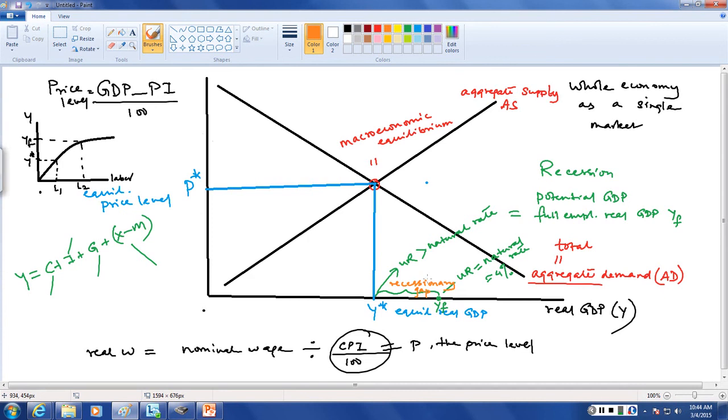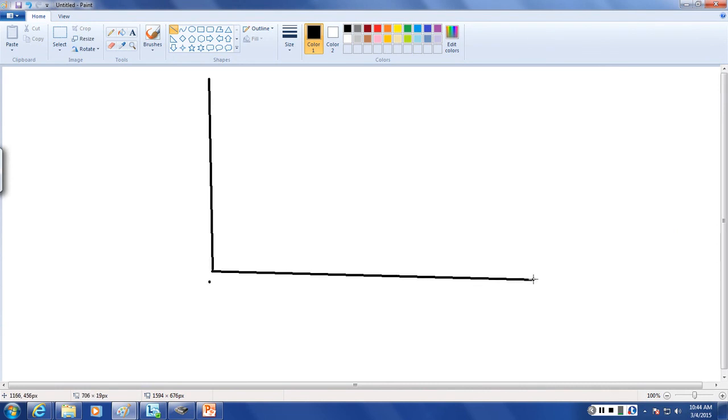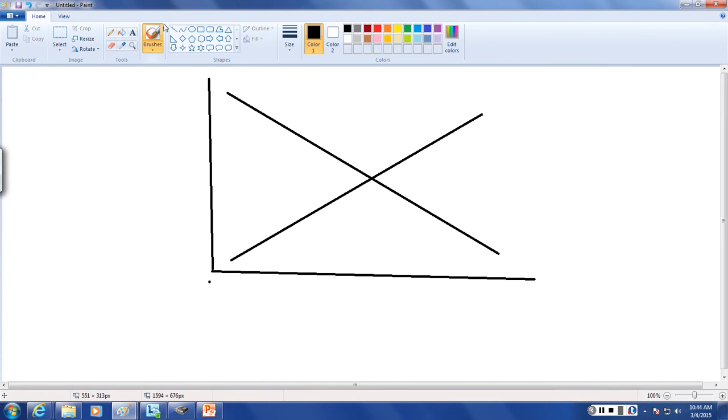Now, occasionally, it's possible to have what's called an inflationary gap. And let me draw a diagram for an inflationary gap. Real GDP, price level, aggregate demand, aggregate supply.